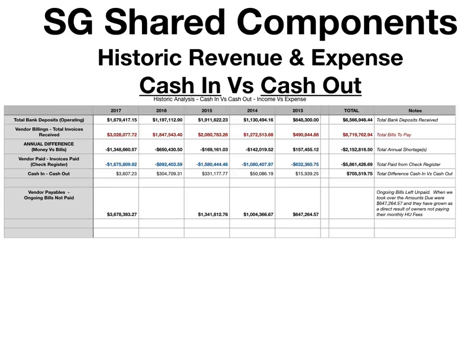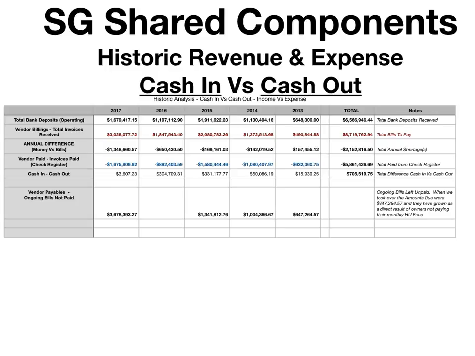Now, we sort of did the same thing when we looked at, I'm calling it the vendor billings. These are tabulated by the total invoices received from the various vendors. And it follows the same pattern as the bank account. We went in and we looked at the invoices that were recorded into the system that we use. It's called TOPS. It's a management program for buildings. And we did the same thing.